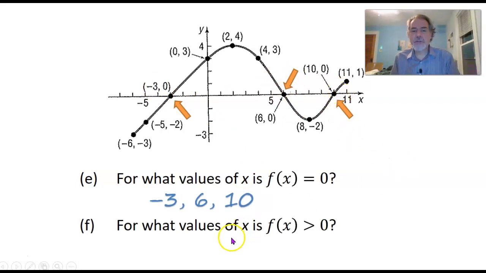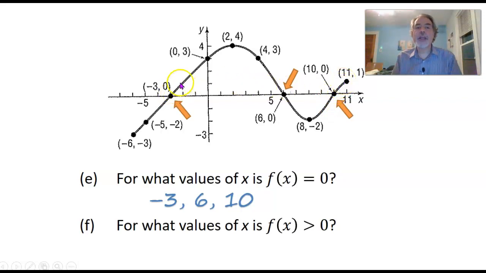Now for what values of x is f of x greater than 0? Now we're looking for points with y-coordinates that are greater than 0, that is, positive. So all of these points that make up the graph, some of them have positive y-coordinates, and some of them have negative y-coordinates.